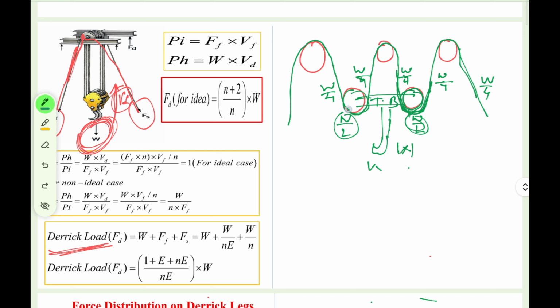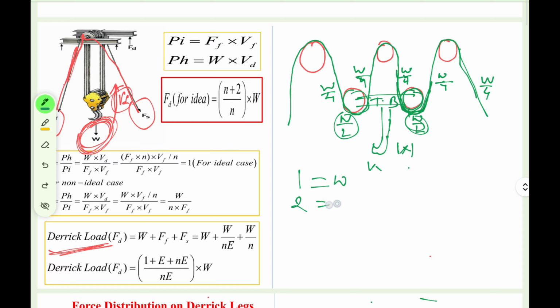So what I am saying is that as the number of ropes increases, the load distribution in the rope is also divided. So can I say, if one rope is attached, the W load is there.